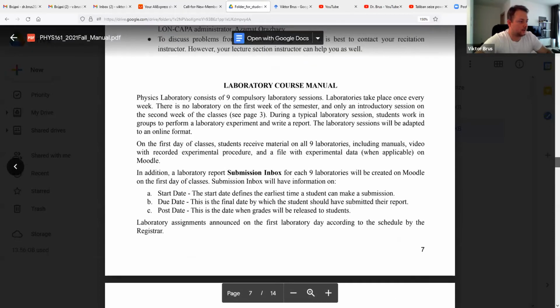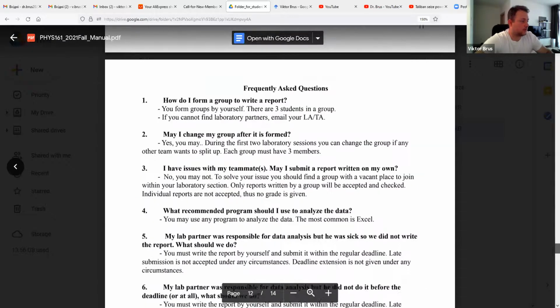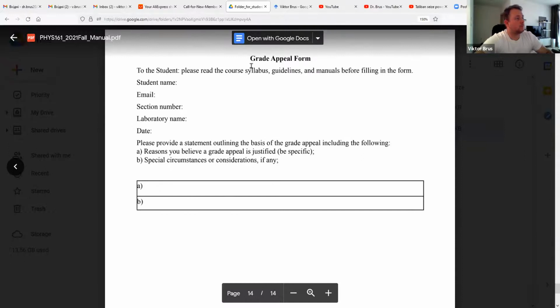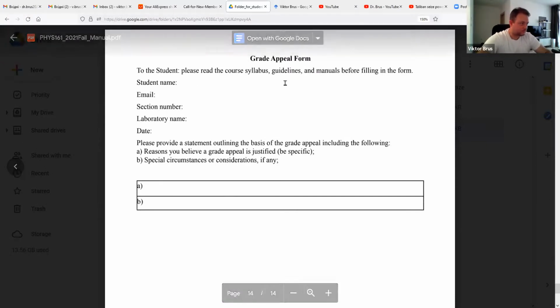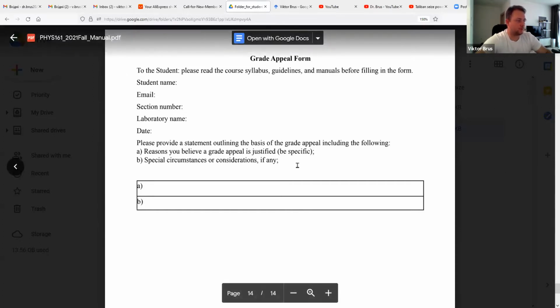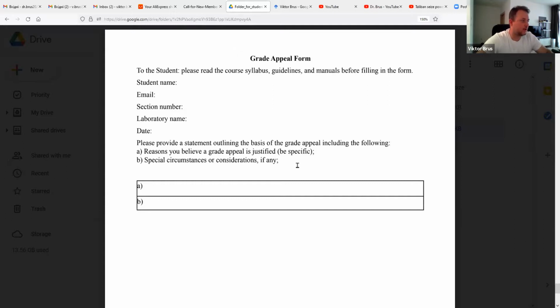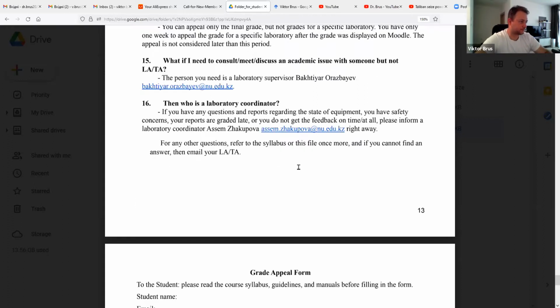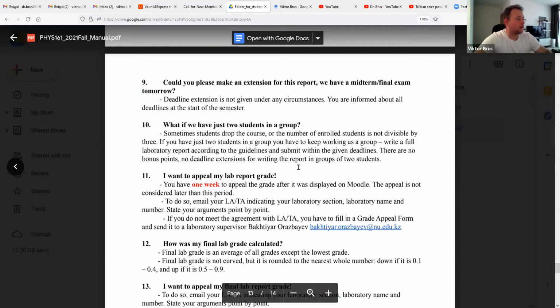At the end of the manual, we have a grade appeal form, which you fill with all information, providing a detailed description of the case and reasons why you believe it should be considered, and submit to our lab supervisor.